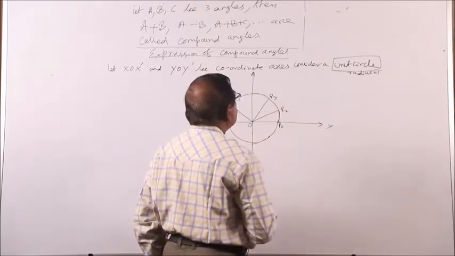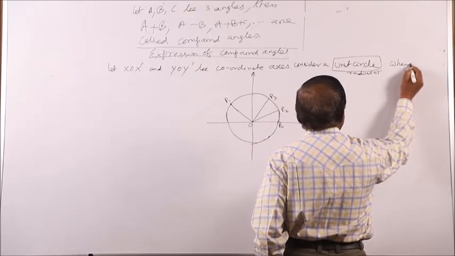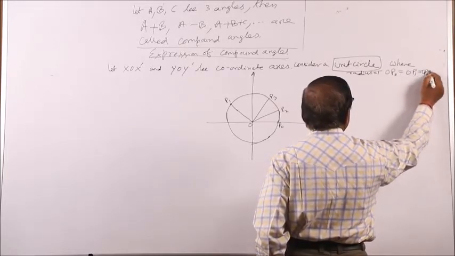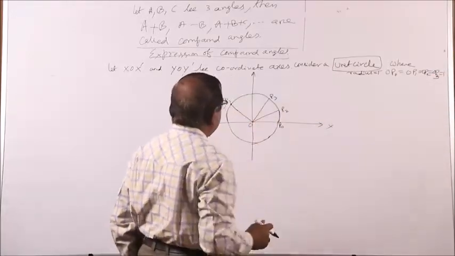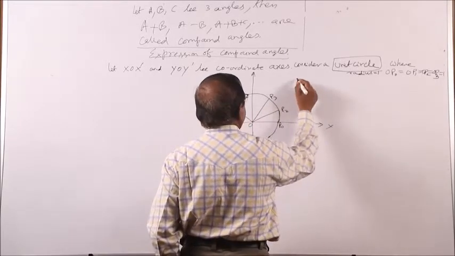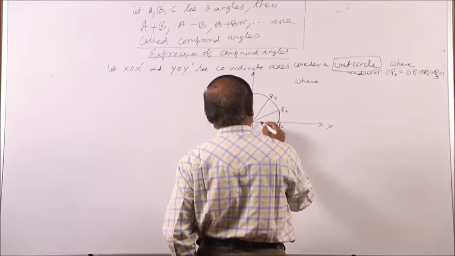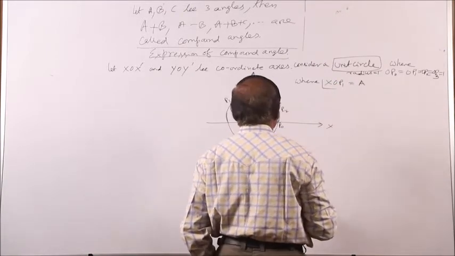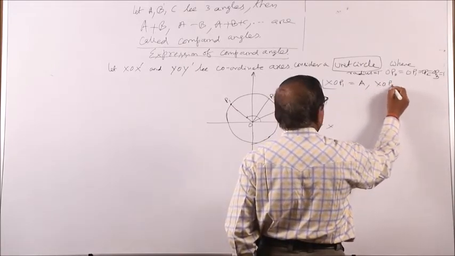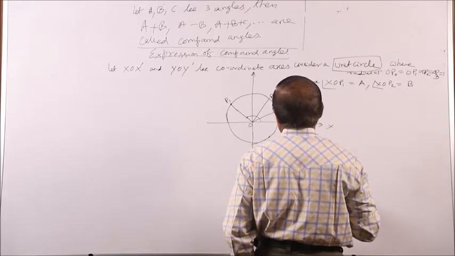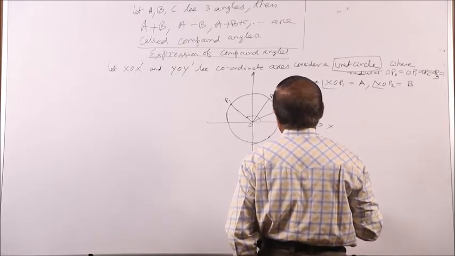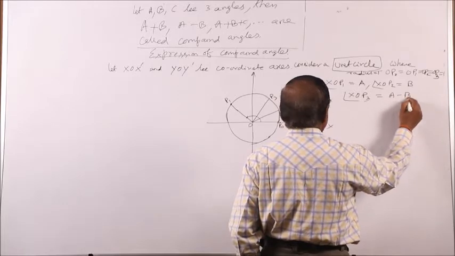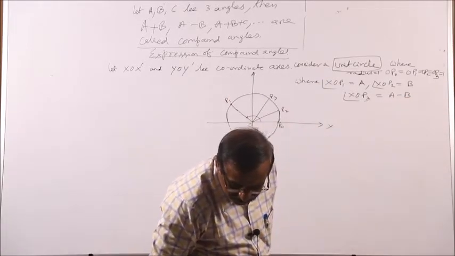So, I will write the coordinates for that unit circle: OP0 is equal to OP1 is equal to OP2 is equal to OP3, because all are 1, all are the radius of the unit circle, where angle XOP1 is equal to A, XOP2 is equal to B, XOP3 is equal to A minus B.